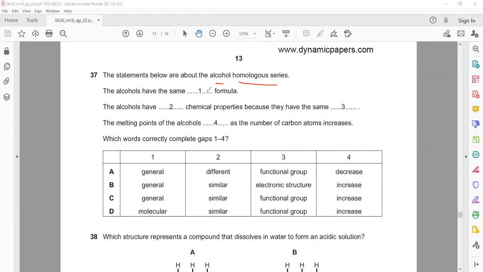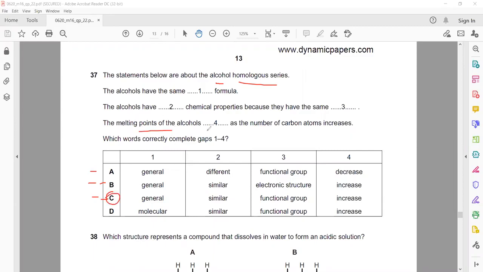The alcohols have the same dash formula, so they have the same general formula. So A, B, or C can be the answer. The alcohols have dash chemical properties, so they have similar chemical properties. So B or C can be the answer because they have the same dash. What do they have the same? They have the same functional group. That's why C is the correct answer.